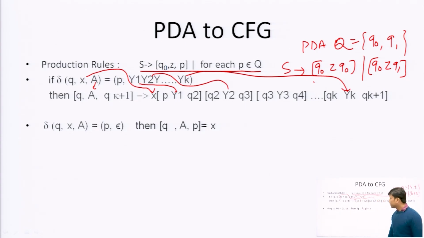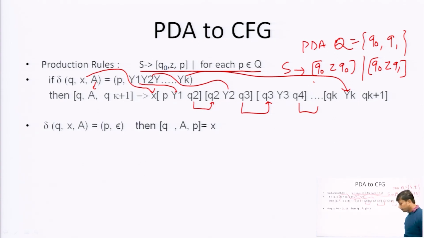So all the symbols should be [Q, A, Q_{k+1}], this is a single variable, then X, X is a terminal symbol, then after that we have variables [Q1, Y1, Q2], [Q2, Y2, Q3]. These two should be the same, here Q2, then start with Q2 and Q3, then Q3, then like that Q4, and it will continue.